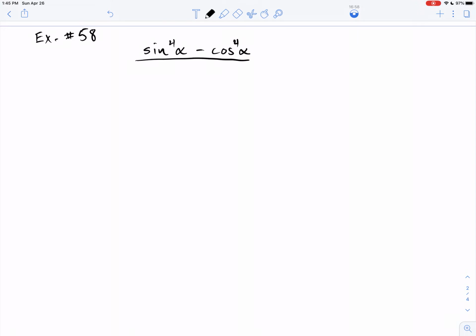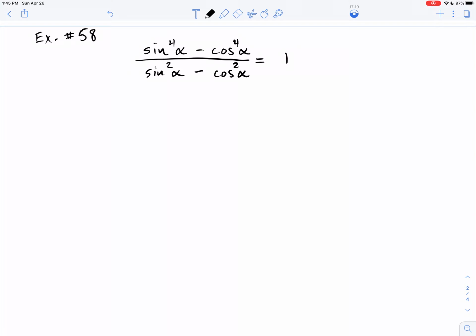On the bottom, I have sine squared alpha minus cosine squared alpha. Equals, they want it to say equals 1. So take a second. Do you think I'm going to do a both sides? No. I'm not going to work on the right-hand side. It says 1.